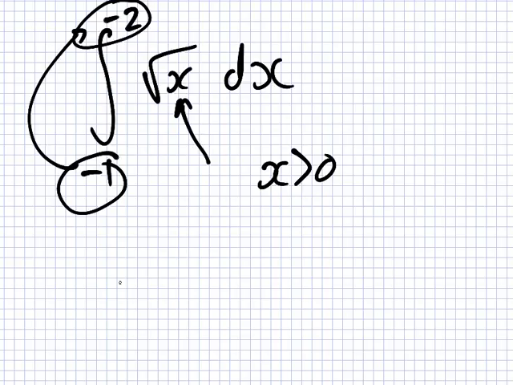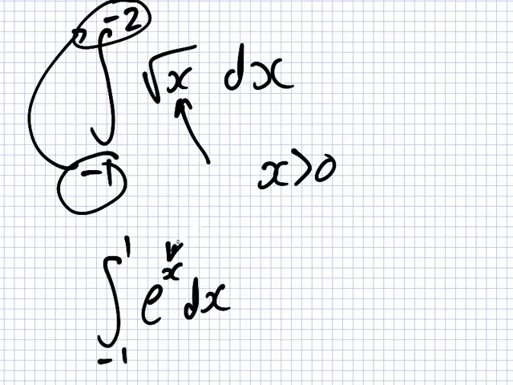Okay, one more since you got a bit confused there. What about this one? Proper or improper? This one is proper. Are there any values of x not allowed for e to the x? No. So no matter what numbers I put here, it'll be fine.